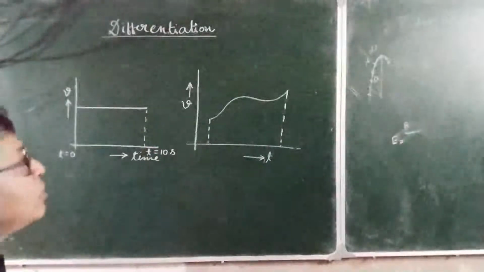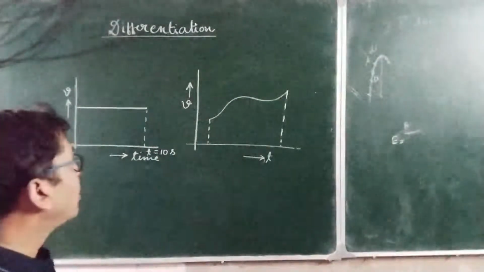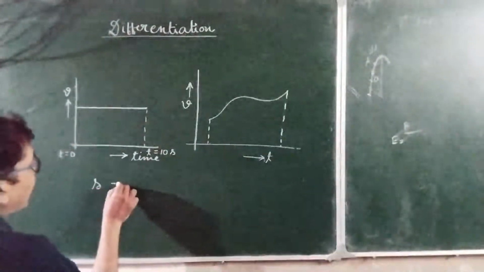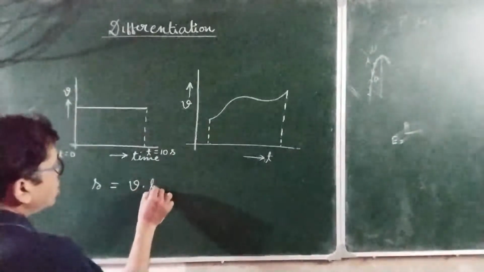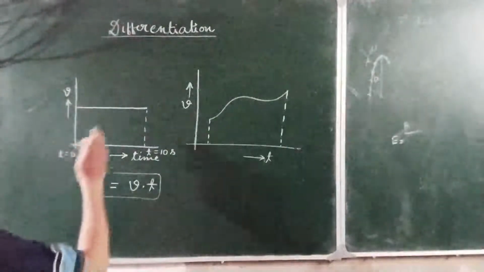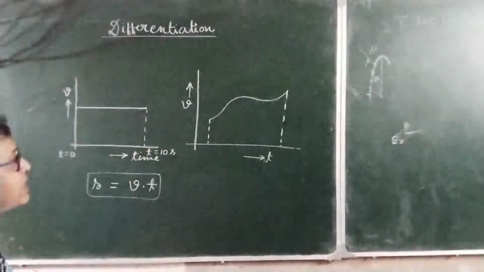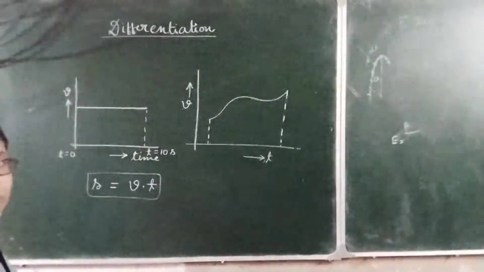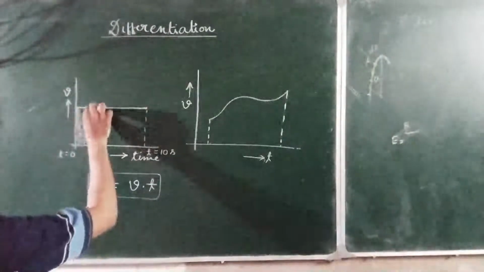Now, if we are asked what is the displacement of the particle in these 10 seconds, we already know that displacement is equal to the product of velocity and time for which it travels. This is clearly a rectangle, so we can easily find the displacement with the help of the area of this rectangle.